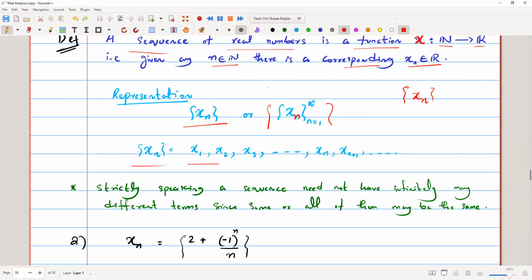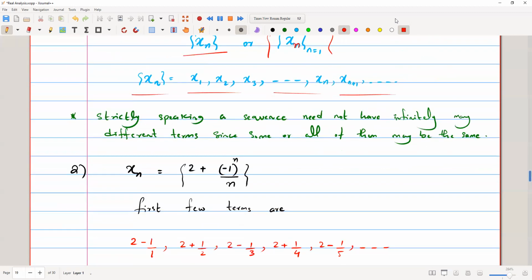So the terms of the sequence can be laid down in this way: x_n equals x1, x2, x3, and so on up to x_n, x_{n+1}. Now, strictly speaking, a sequence need not have infinitely many different terms. Okay, we already talked about that it's not necessary that the terms of the sequence are different.